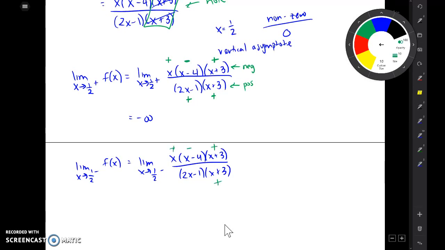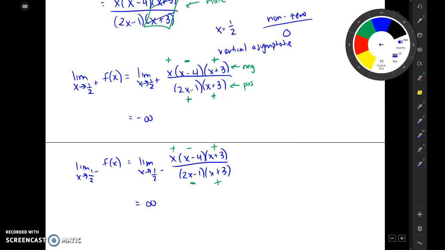But what has changed now is the sign of 2x minus 1, because now if I put in a number smaller than 1/2, for example, 0.4, that would give me 0.8 minus 1, which is a negative number. So now what I have is a negative divided by a negative, and that would result in a positive infinity.